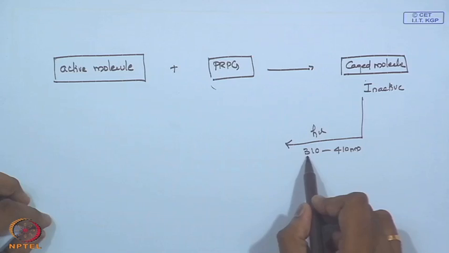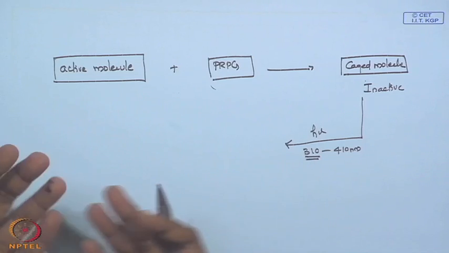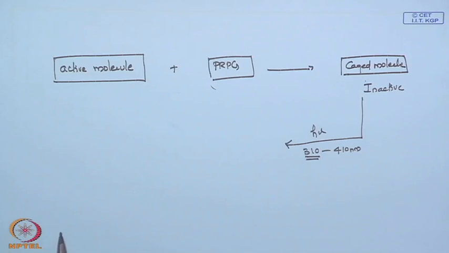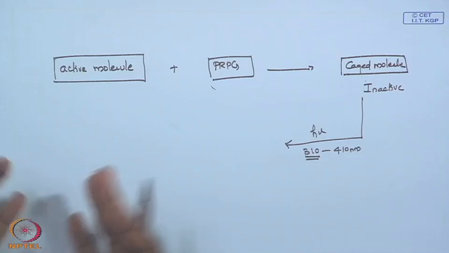You cannot use 310. If your active molecule is, for example, for agrochemistry, then it is fine, you are not worried about the wavelength. But if it is an active compound like an anti-cancer drug that you want to take into your body, then you are worried about your wavelength, right. 310 is not safe, because that itself will create cancer.